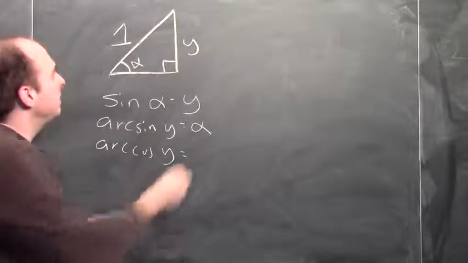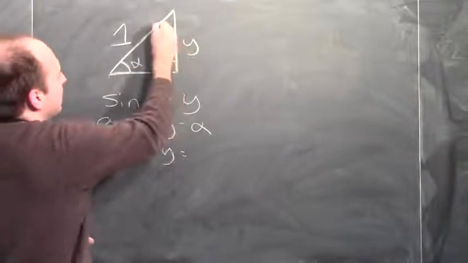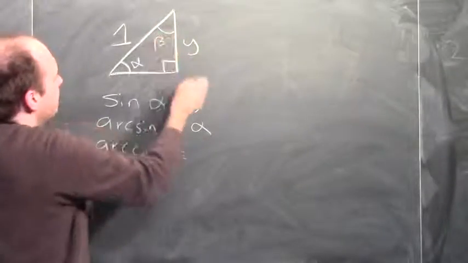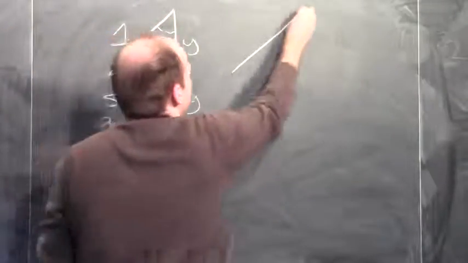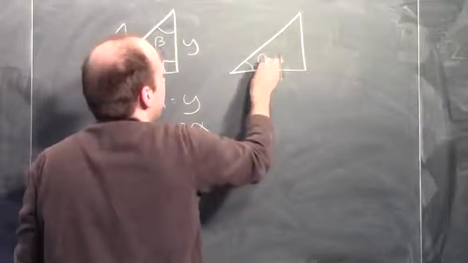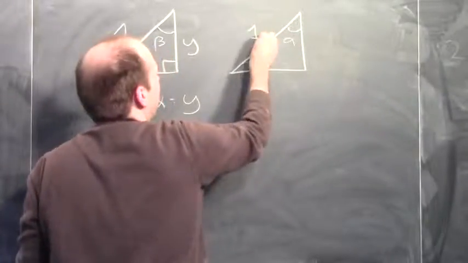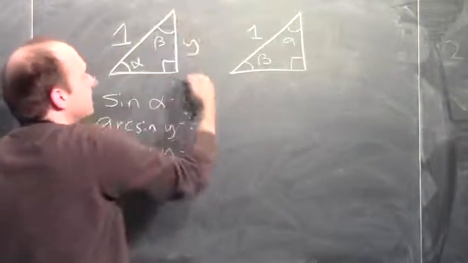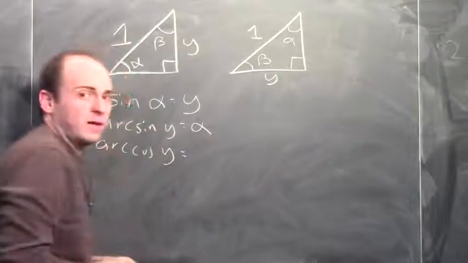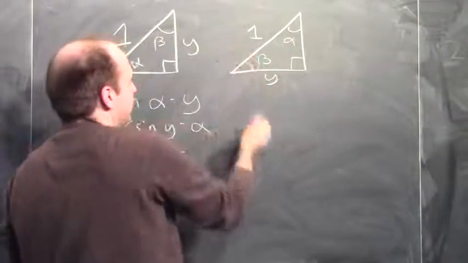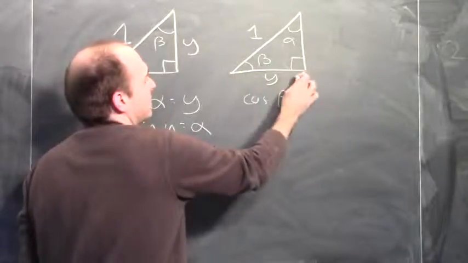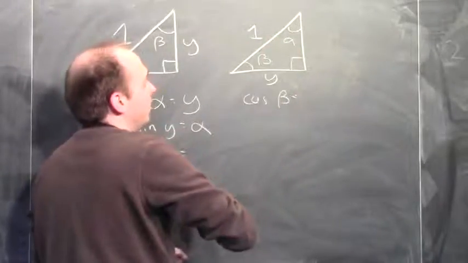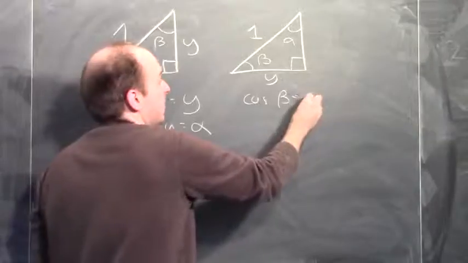I'll figure that out. Let's draw another one of these triangles. I'm going to label this angle beta, and I'm going to imagine picking up this right triangle and flipping it over. So that then this angle's beta, this angle's alpha, hypotenuse is still length 1, but the side that I labeled y is now down here. And what this triangle is telling me is that the cosine of beta, which is this width divided by the length of the hypotenuse, is y.